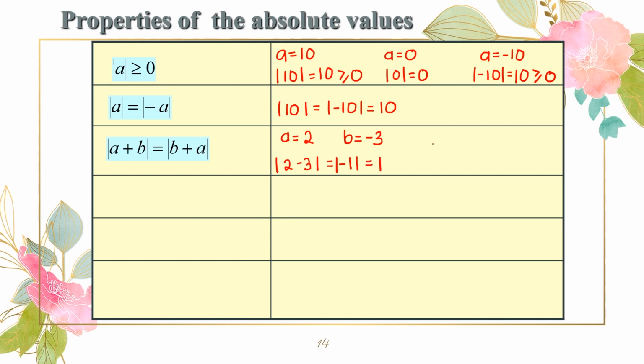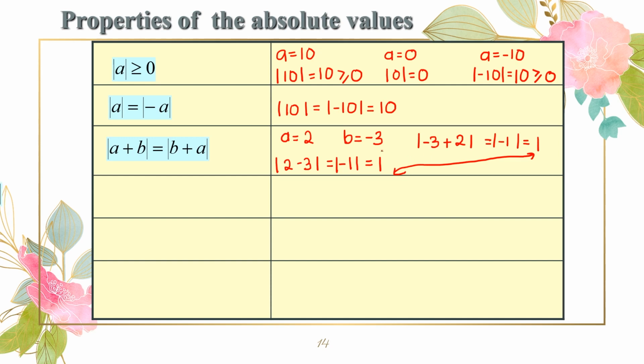And if we do the same but in different order, which is -3 first and then plus a, our a is 2 here, so -3 plus 2 is -1, but when we take absolute values, it will give us 1. So it shows that it has the same values here.